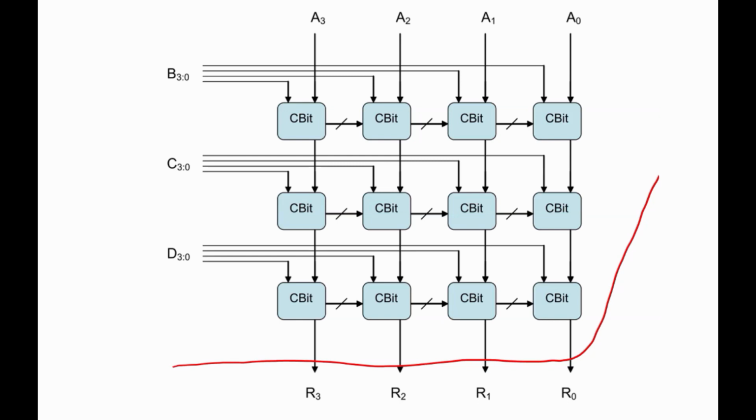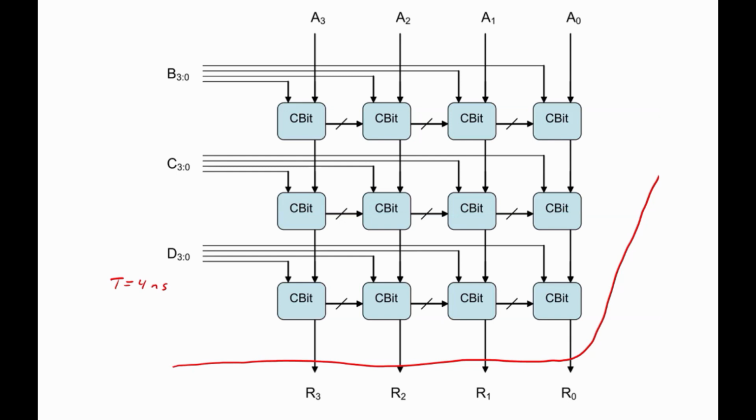Since our pipeline registers are ideal, both the propagation delay and the setup time of the pipeline registers is 0. So our clock period is equal to the propagation delay of the combinational logic between each pair of pipeline registers. In order to minimize this, we would like the number of C-bit modules between each pair of pipeline registers to be at most 1. This would make our period t equal to 4 nanoseconds.